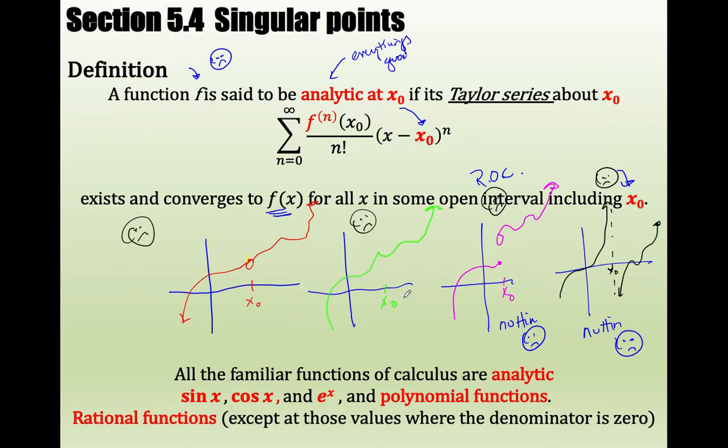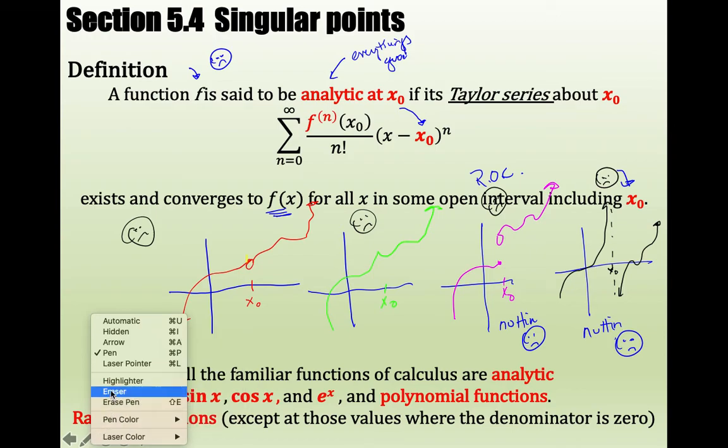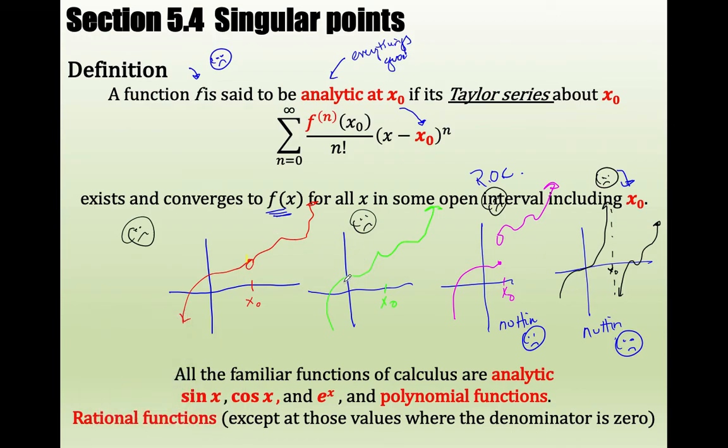But here, even though I have a derivative problem, what's true about the neighborhood around x sub 0 here that is not true about the neighborhood around these other x sub 0s?